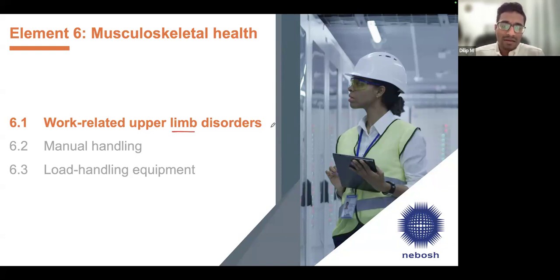And here, work-related upper limb disorders. So what type of work activities or what are the causes that could lead to disorders of the upper limb? And then we would discuss how to mitigate those disorders of the work-related upper limb.